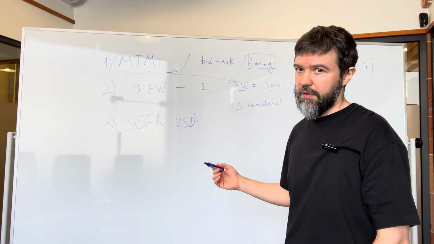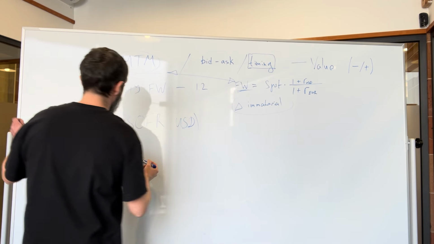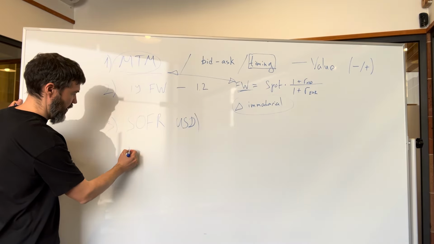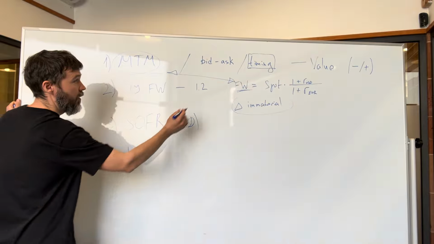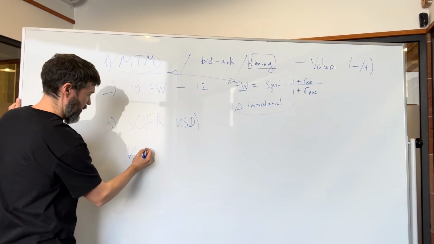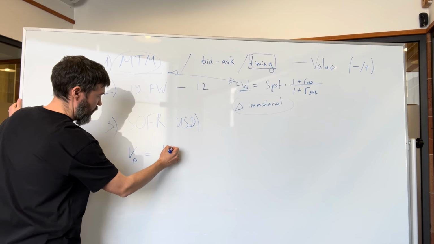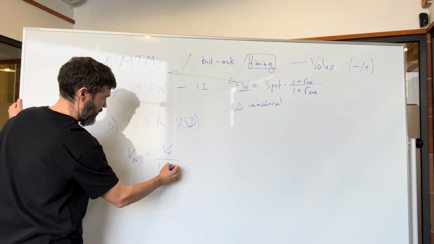It's easy math, actually. I will show you. It's a couple of seconds. So your current value, this value, your asset or liability, equals the future value discounted by 1 plus SOFR.